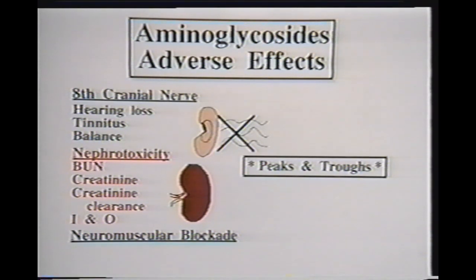And there's one more thing that's really important for us to know about aminoglycosides, and that's the peaks and troughs. When we talk about peaks and troughs, you need to draw the peak level, if this is being given IM, an hour after the injection, if it's IV, 30 minutes after the administration.